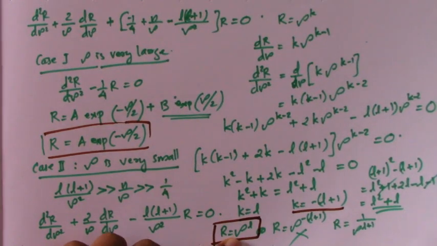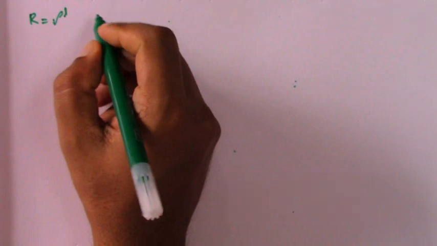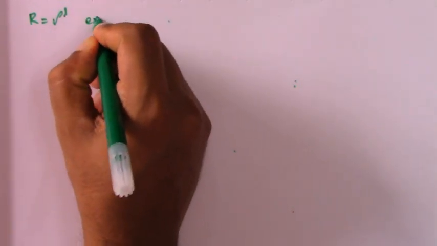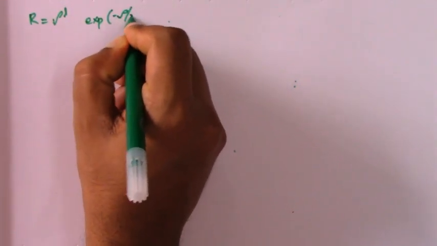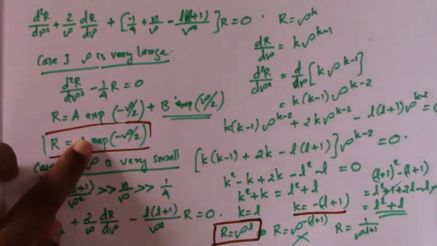So if you are considering all values, extreme, small and intermediate, then the solution R will be equal to rho raised to L. That is one component, because we established that already here. And then it will have another component, exponential minus rho by 2. That also we established from here.